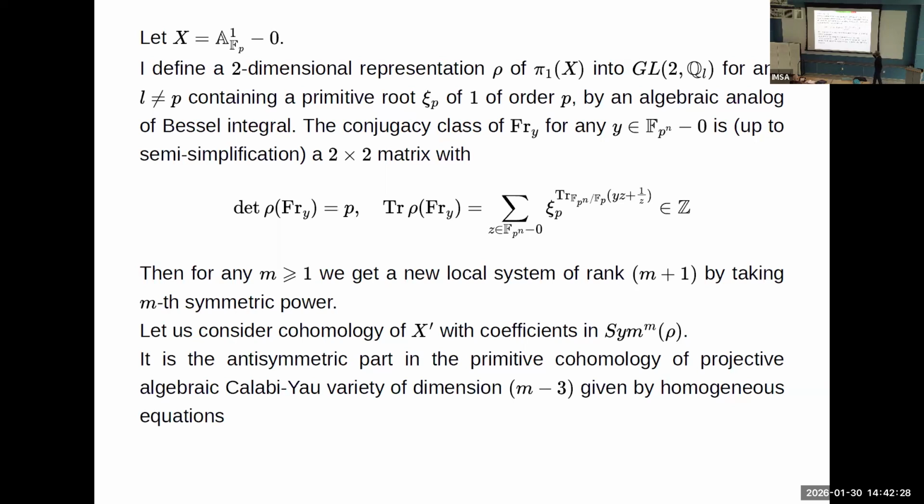It is the following. I assume that I have a primitive root of order p in my field. That means that some L is equal to 1 mod p. And then I want to have an analog of the Bessel integral. What is the Bessel integral?